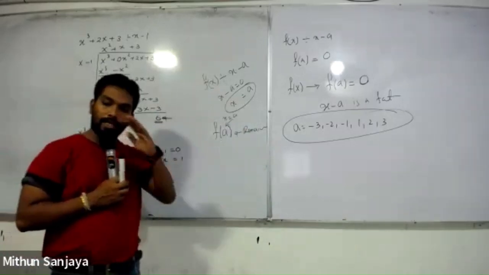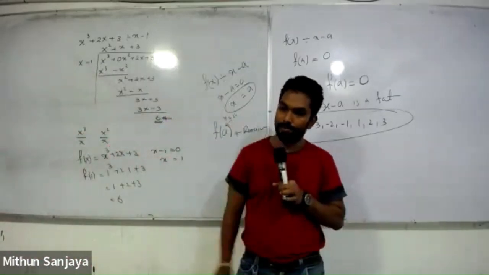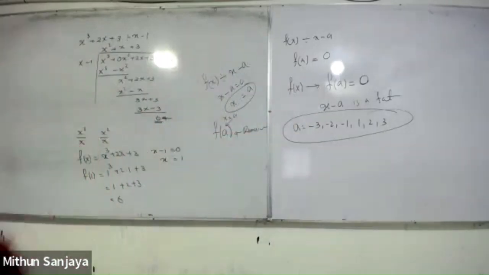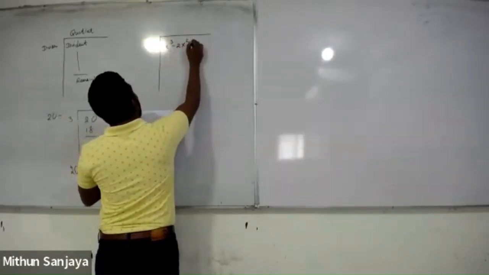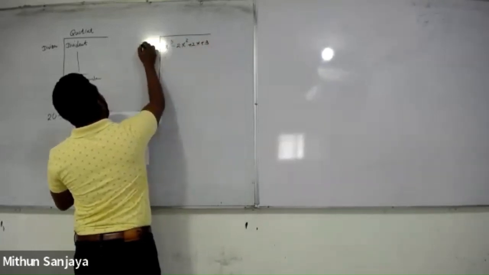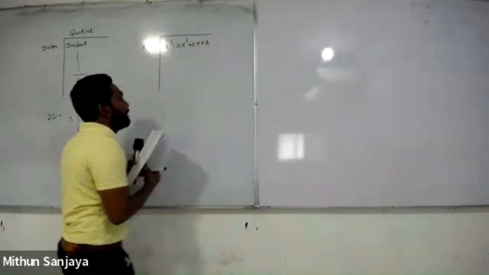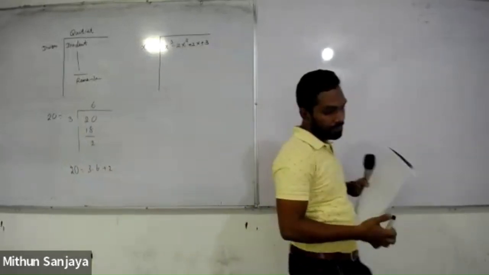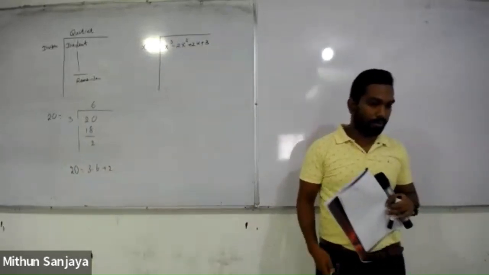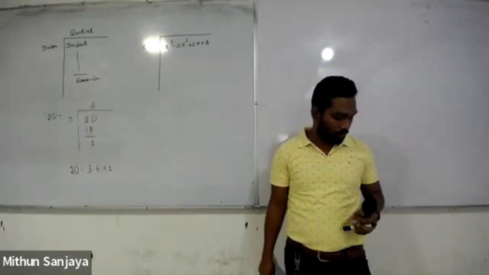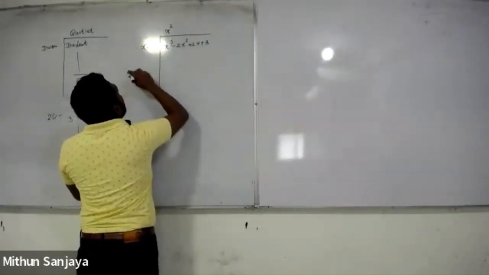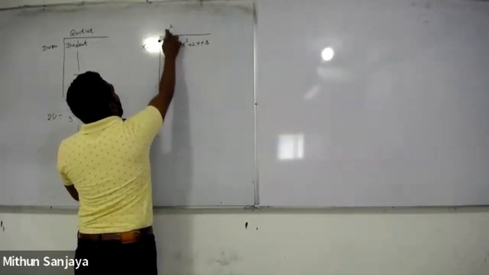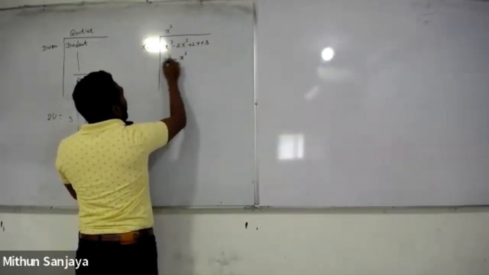Let's see what happens. Take x cubed minus 2x squared plus 2x plus 3 divided by x minus 1, and get the remainder. Now x cubed divided by x is x squared. x squared times x minus 1 gives x cubed minus x squared. Subtracting, we get minus x squared.